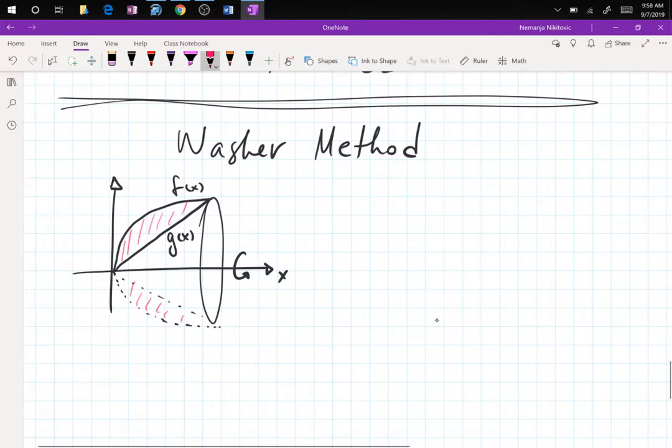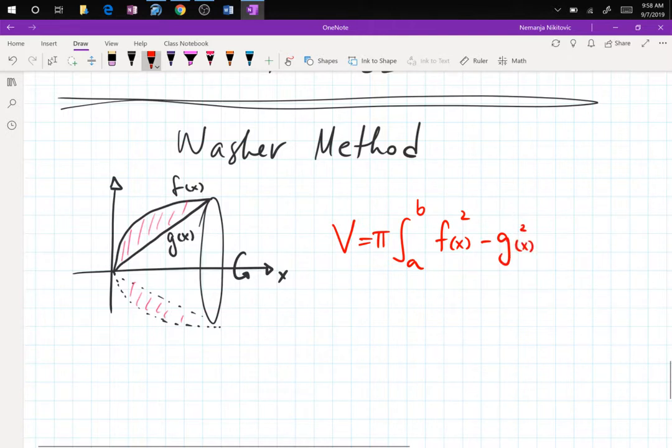So now we need to develop a formula that will calculate this. Well, if you remember your area between two curves, this one works the same way. It's far away minus close by. That's what we talked about last time. So now, the volume formula is pi integral a to b, far away, f of x squared, minus close by, g of x squared, in parentheses, dx, and that's your x rotation.